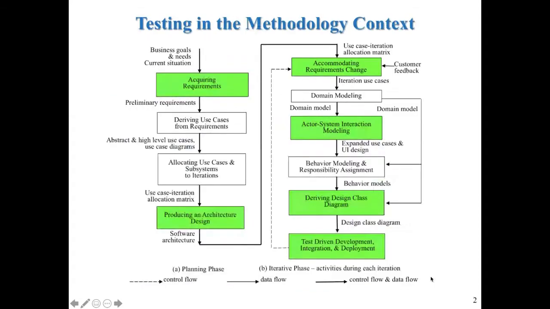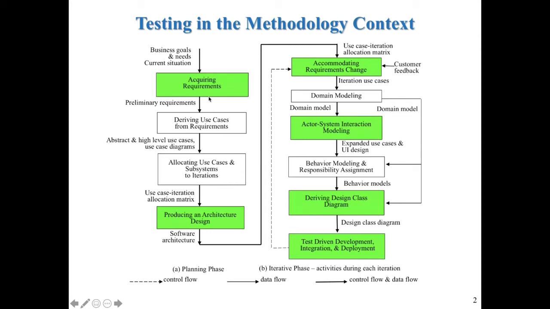Okay, let's begin. This is our overall methodology cycle, and software testing happens in some part of all the stages which are highlighted in green. Some of the testing we already do in requirement analysis, or requirement analysis is part of software testing.